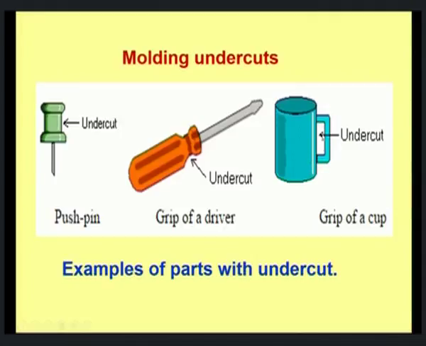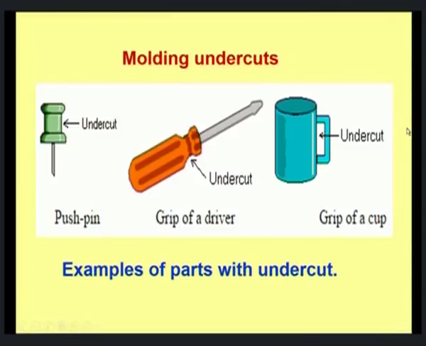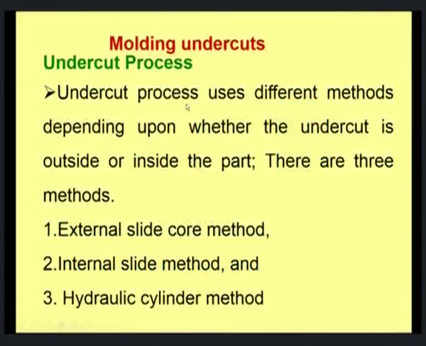The mold that is in contact with this region would offer more resistance for this cup to be removed. Now, the undercut process uses different methods depending on whether the undercut is outside or inside the part. So the type of method we adopt for removal depends on whether the undercut is inside the part or outside the part.